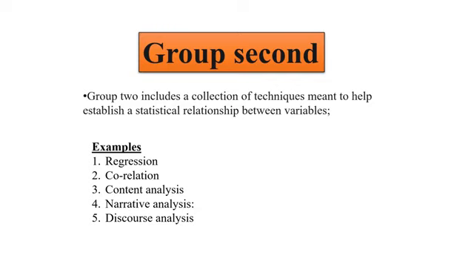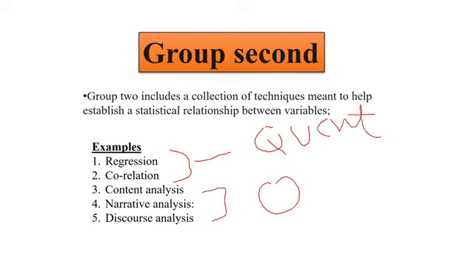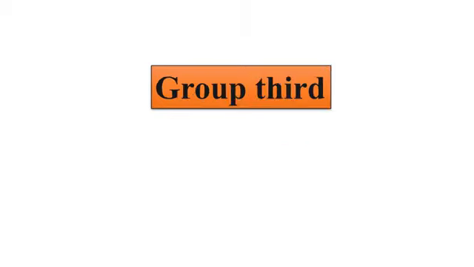So these are the different types of research methods. The first two are basically quantitative in nature, and the remaining three are for qualitative studies. So this is group two.